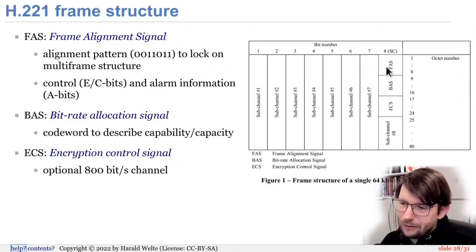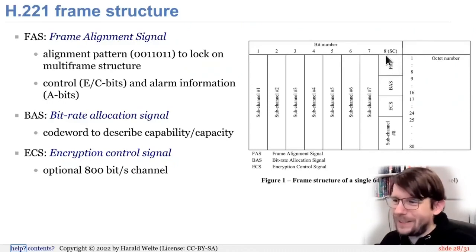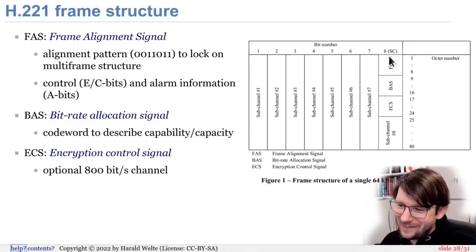And the frame alignment signal, the FAS, at the beginning here: the 8th bit of each of the first 8 octets forms the frame alignment signal. And that is, as the name implies, how frame synchronization is established by the receiver.